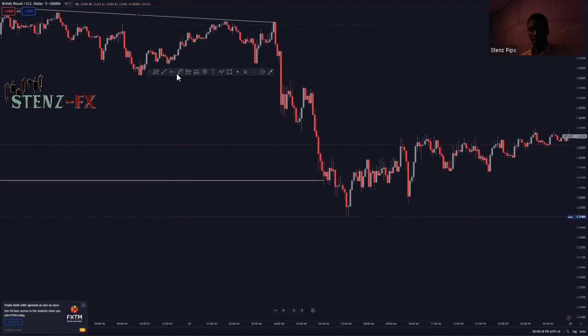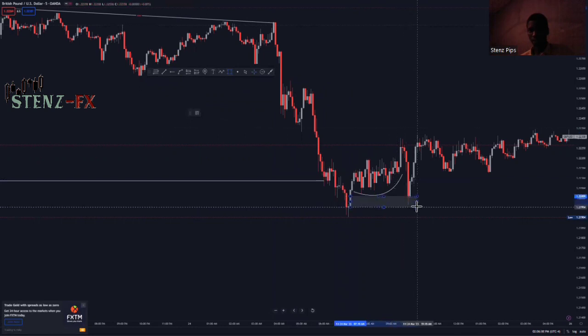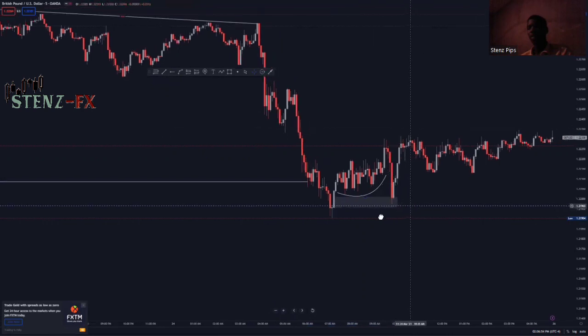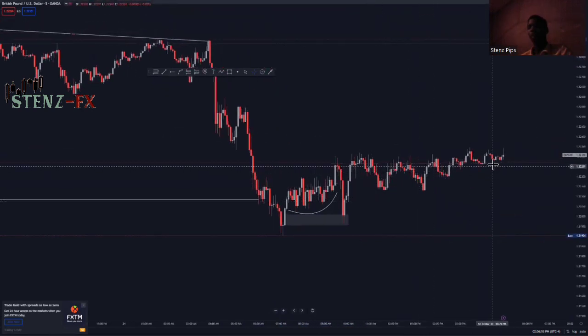And the result of liquidity here just needs to be taken out. And if you check here, there's a fair value gap. See, fair value gap, it goes to fill immediately. Start buying.